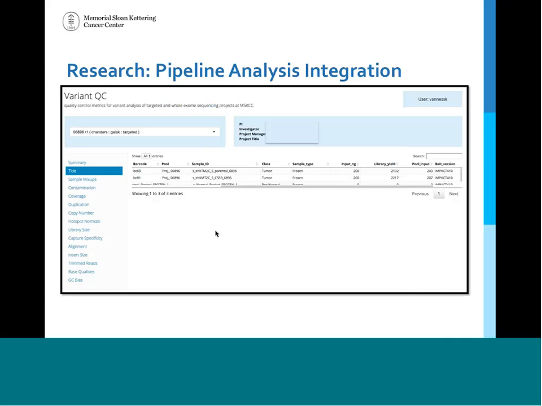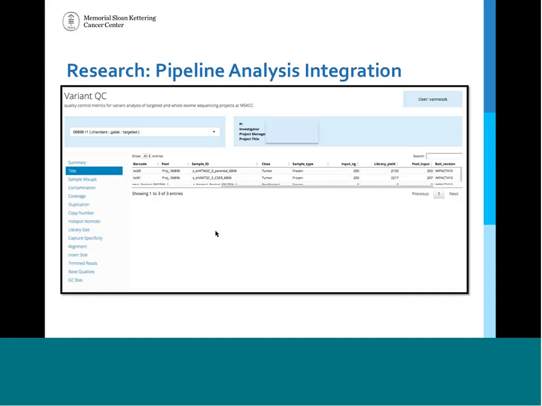Then one big thing we've accomplished this year is to have the LIMS completely integrate with our pipeline analysis. So after the samples are sequenced and we've passed them on for processing, the pipeline itself can get information from the LIMS that it needs to move the samples through.